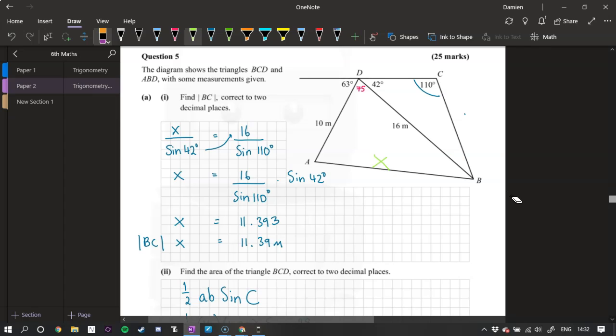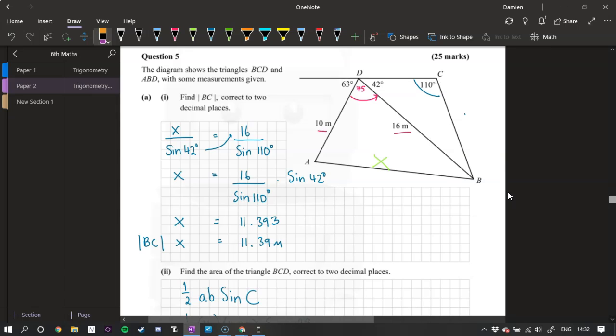We have a side x. We have an angle that is opposite it, which is 75 degrees. And we have 10 and we have 16. And we don't have any other angles. We don't have this one here and we don't have this one here. And because we don't have those, that means we can't use the sine rule.